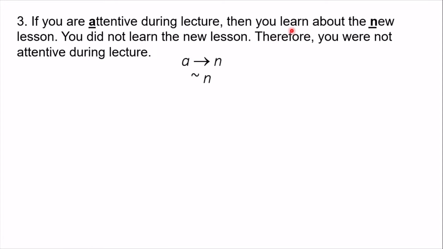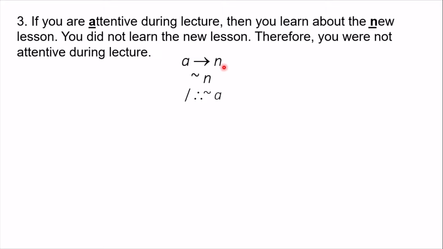Next is the conclusion, because of the term therefore, you were not attentive. So you were not attentive is just a negation of the antecedent here, our A. So we're not attentive, so that's not A. So therefore, it's not A. So again, this one is valid because there is a rule.